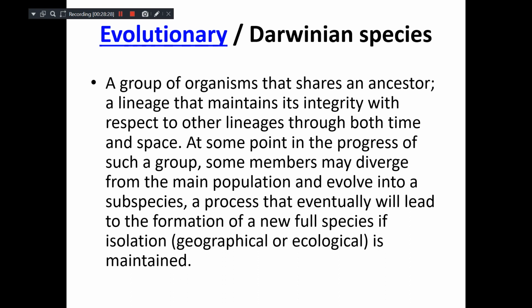There should be a shared ancestor for all the individuals. There must be one common shared ancestor, and at the same time, this group should maintain its integrity with respect to other lineages, in both space and time.